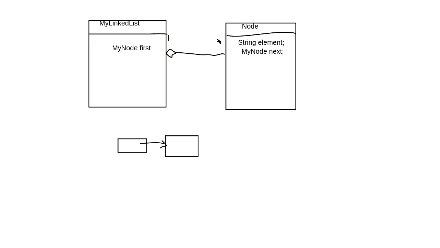Since you will not be able to have access to the node without going through the linked list, this relation between them is a composition relation. Composition is a strong aggregation, so when it's composition, we call it the black diamond.